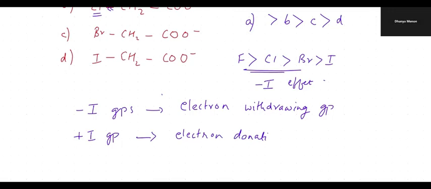So those who pull or withdraw the electron towards themselves are called minus I groups, and those who donate the electrons are the plus I groups. So you have to memorize some of the electron withdrawing groups and some of the electron donating groups, so that it is easy to solve the questions.